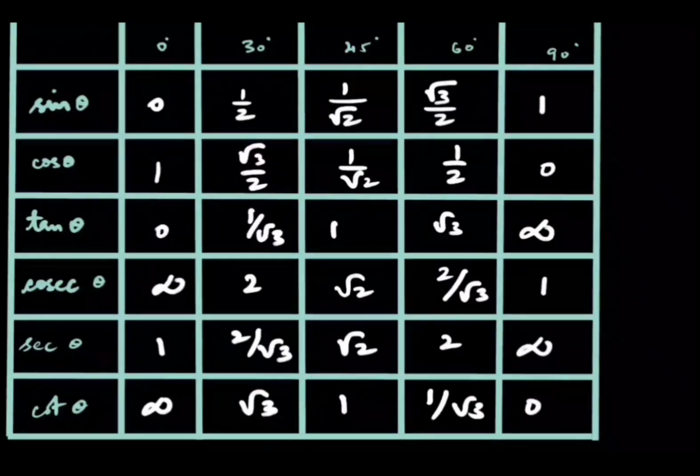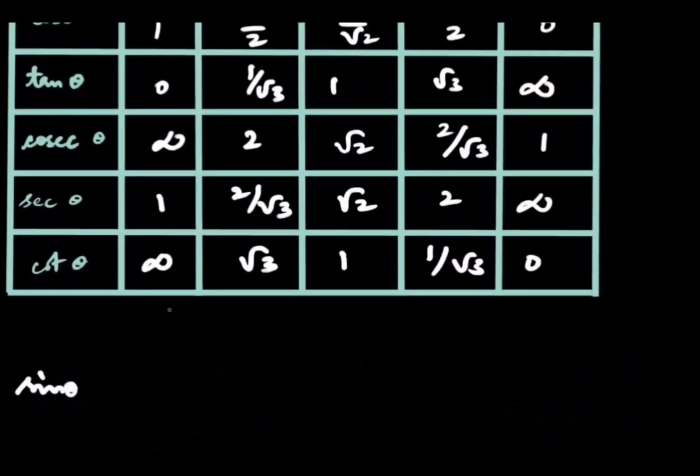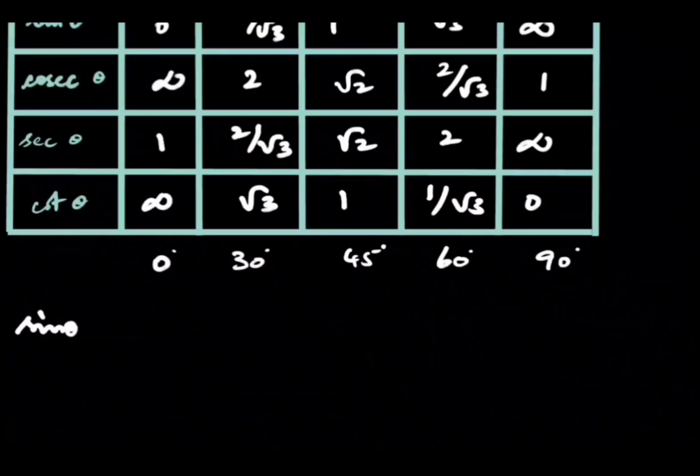Further, as an easier step, we can write the sin theta easily. Sin theta for 0 degree, 30 degree, 45 degree, 60 degree, and 90 degree. We have to write this and then write 0, 1, 2, 3, 4, and as a denominator put 4.